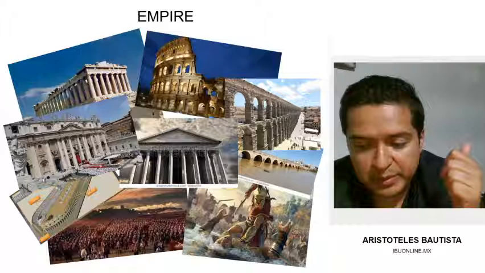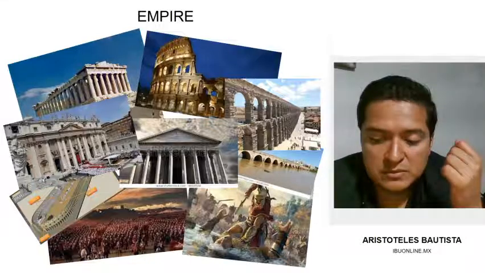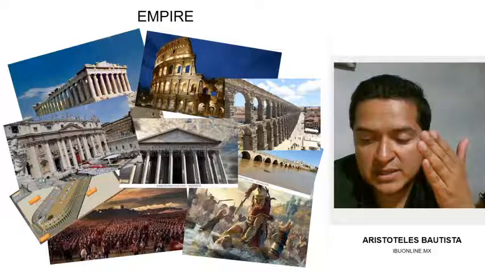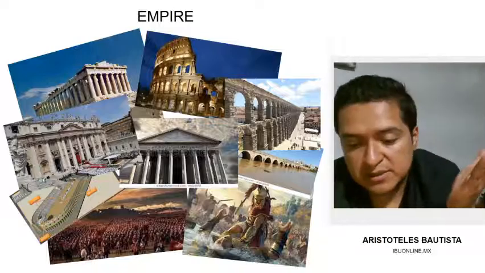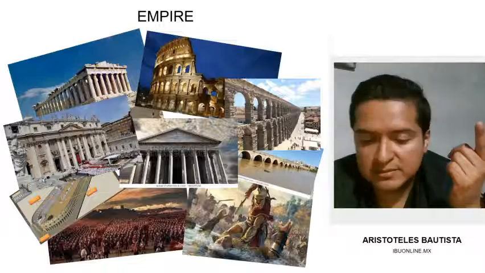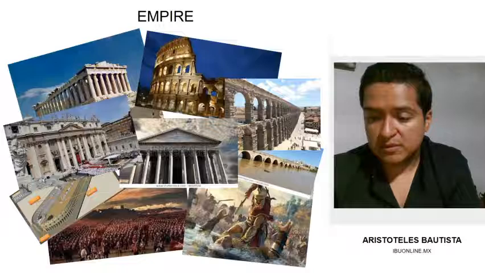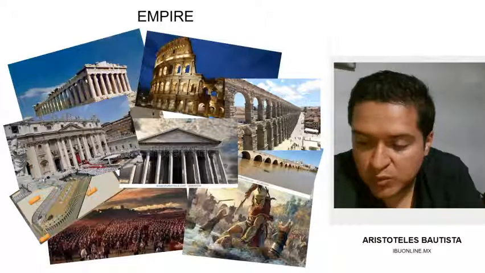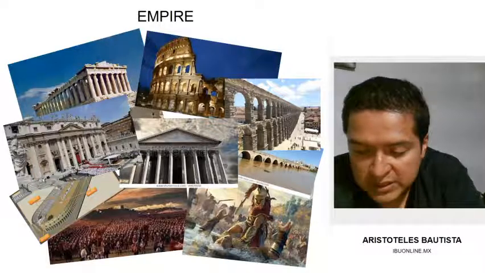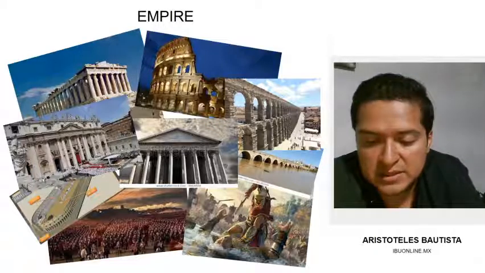Remember the first one, it was all the families, and the third division of society was the slaves. That's a test question.